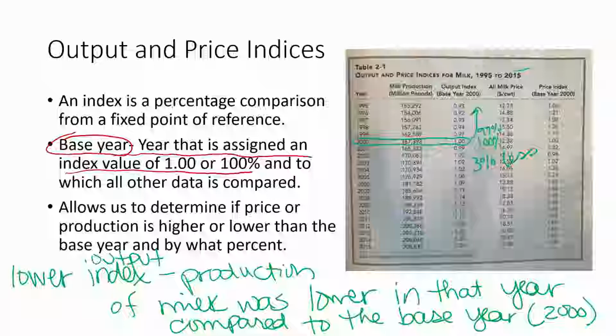I may ask, how much less was being produced in 1995 compared to the base year of 2000? Well, if 2000 is at 100% here, 1995 is at 93%, we can say it was 7% less production.